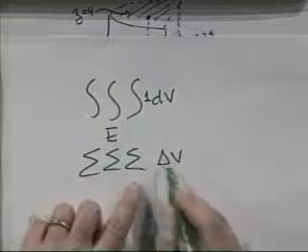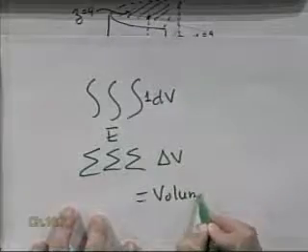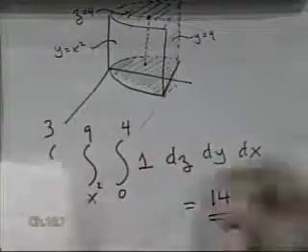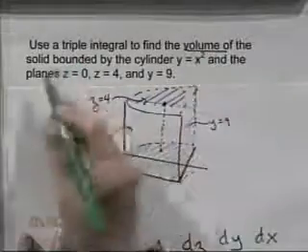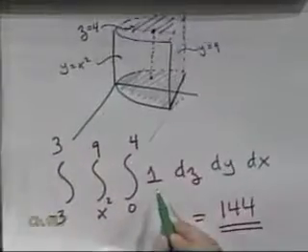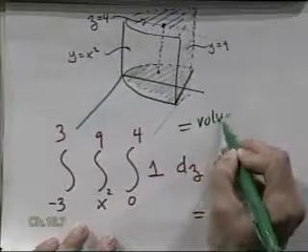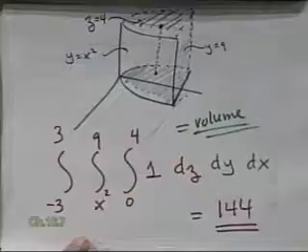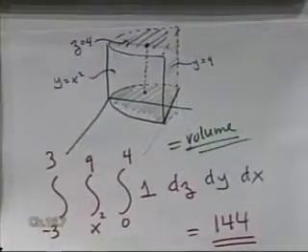And so if you're summing up all the delta v's, what you're going to get is the total volume of that solid. And you see in this particular one, they said use a triple integral to find the volume of the solid bounded by these. So if you let the integrand be 1 and you integrate over the solid, this equals the volume. So like if I'm in meters here, I need 144 cubic meters to fill that sucker up.